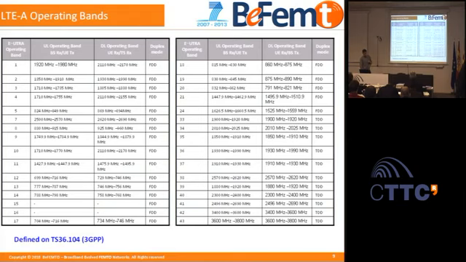Another challenge that LTE-Advanced has to face is in which frequency bands it is going to be deployed. This is a very hot topic also for the current LTE networks that have been implemented, because you have a lot of problems with the spectrum, and this problem is different in different regions.